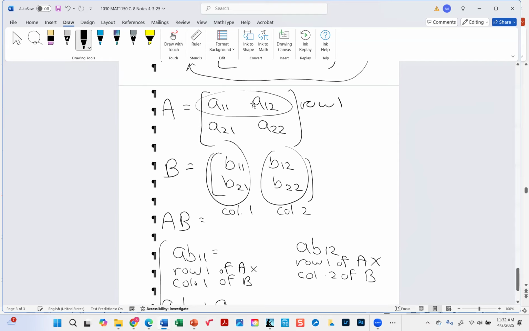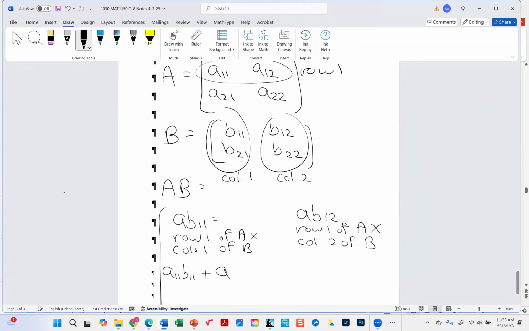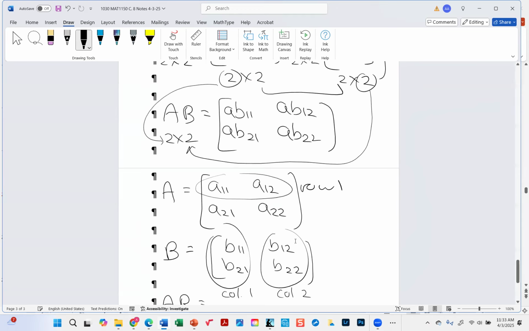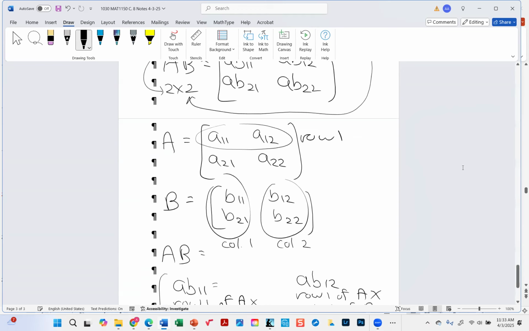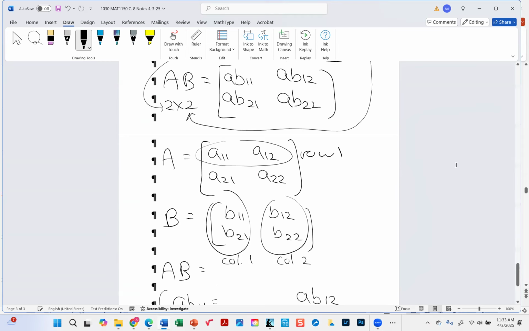So what am I doing again? The first row of A is multiplied by the first column: A11 times B11. Then we have A12, which is multiplied by B21. Now, in this case, I'm using the first row of A, but now the second column of B. So you're going to have A11 times B12, meaning these two.